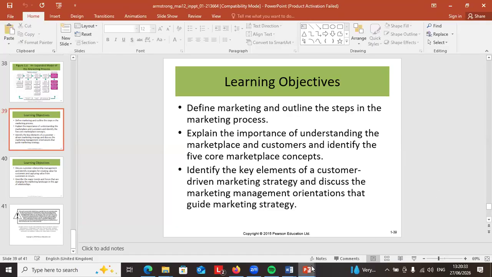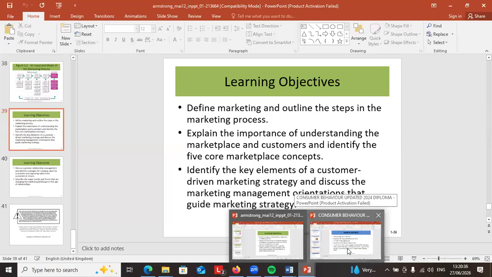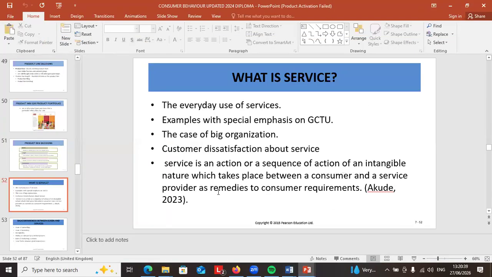So, for example, you say, so I define marketing as an action or a sequence of action, right? So, like I say, according to Akude 2023, service is a continuous action of an intangible nature which takes place when consumers and service providers interact as a solution to consumer needs and wants.